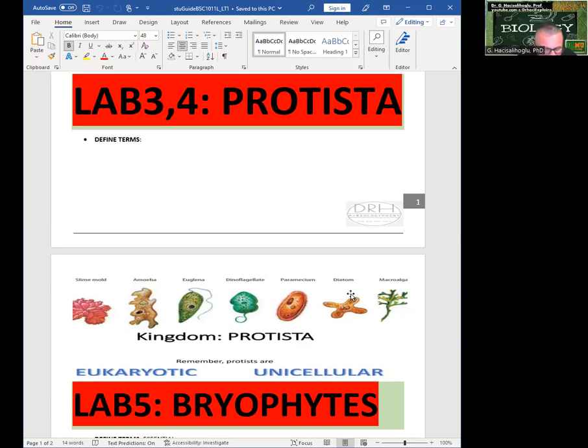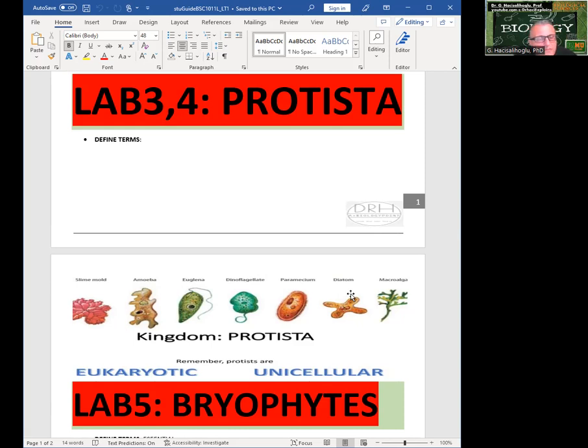Also what disease each is causing, like sleeping sickness and some other diseases, or algal blooms, which one of these organisms causes algal blooms, which one causes malaria, right? So pay attention to each of these supergroups and their structure under the microscope.